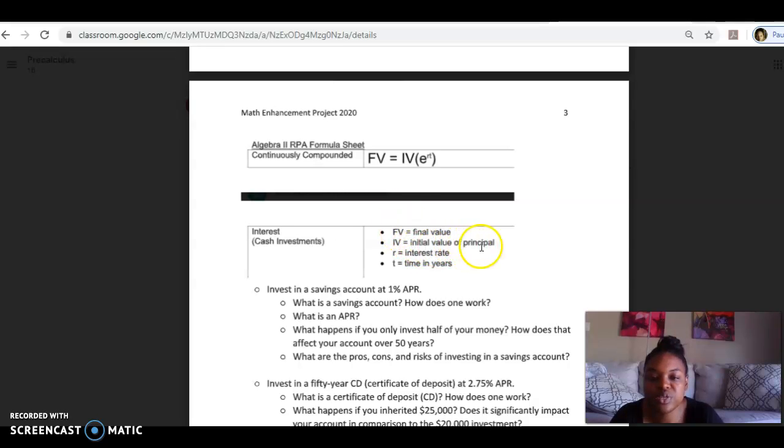The initial value, or principal, is how much money you're putting into the account initially. So if you're going to invest all $20,000 or just $5,000 or whatever it is. The R is the interest rate. So that's the APR or the percentage that you're earning after so much time has passed. And then T is the time in years.